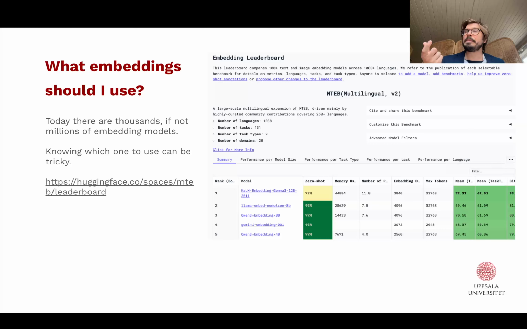Then the question is, do we think that this embedding model was trained on this type of text? And then we can try, of course, we can always try. But if we know that we have an embedding that was trained on this type of text, it's going to work better. And we can, of course, make our own models. But in general, the way to think about this is: is the model trained on the text I'm trying to use it for, right? Because that's the embedding space it has. And that's one way to think about what model to use.